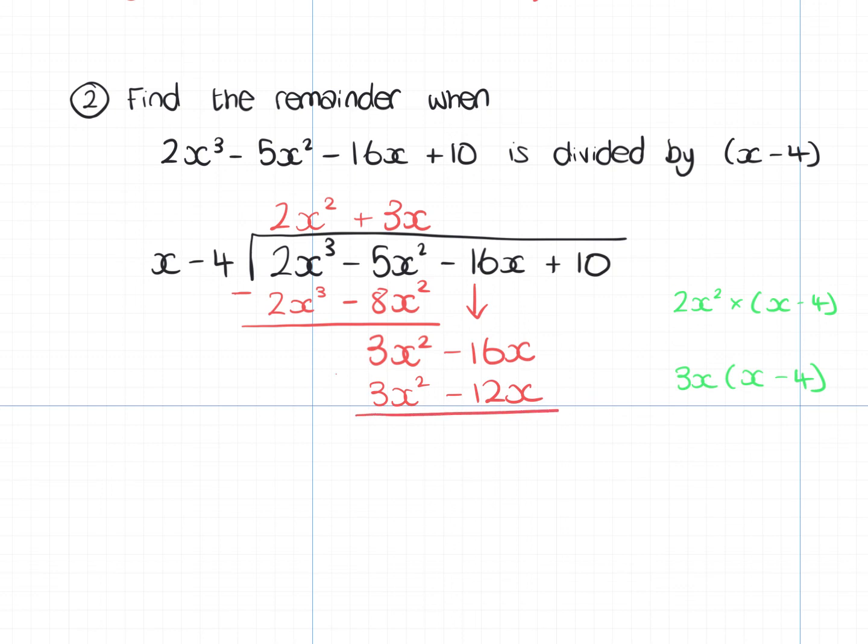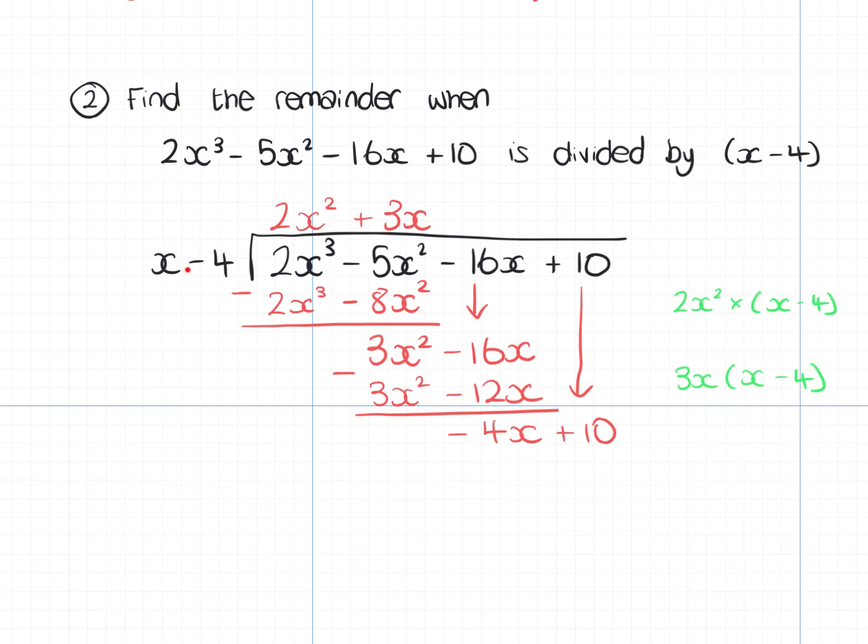And then I'm going to subtract to get my remainder. 3x squared minus 3x squared is nothing. Minus 16x minus 12x, so minus 16 plus 12 is minus 4. And then I'm going to bring down the plus 10.